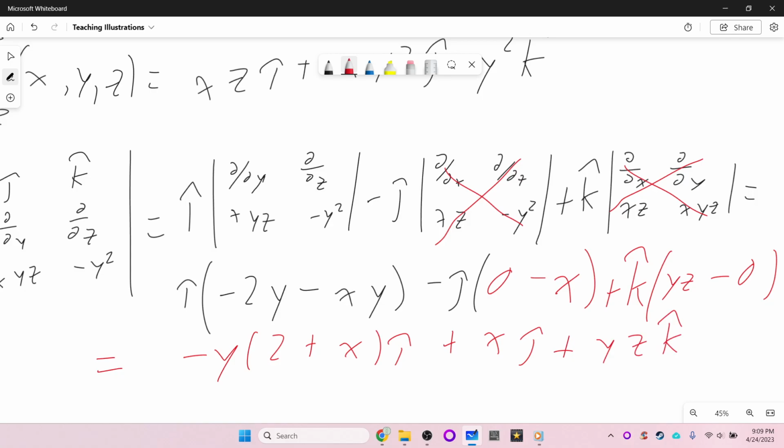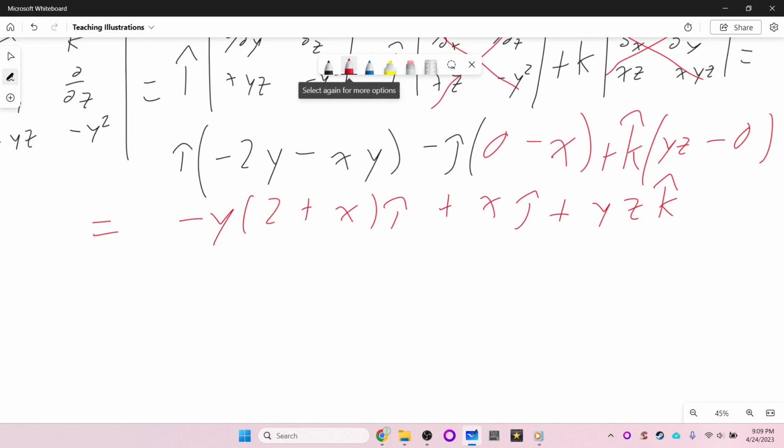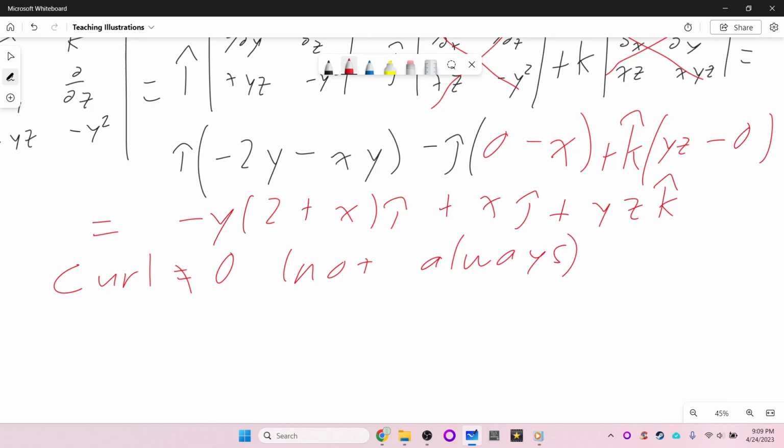So that's the curl. Now, what this says is that curl is not 0, at least not always. So f is not conservative.